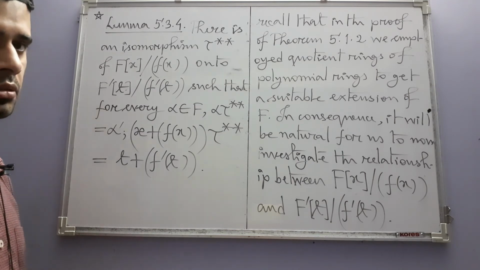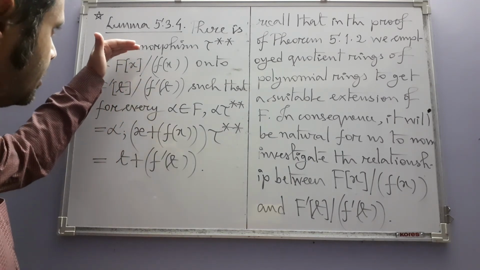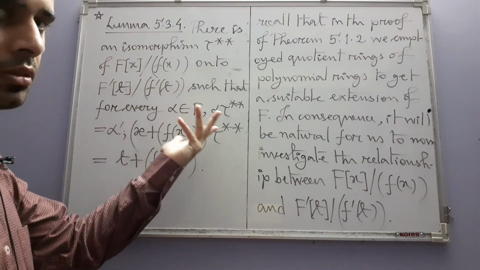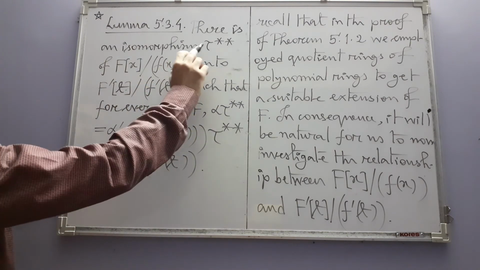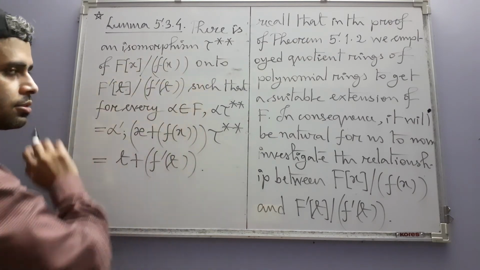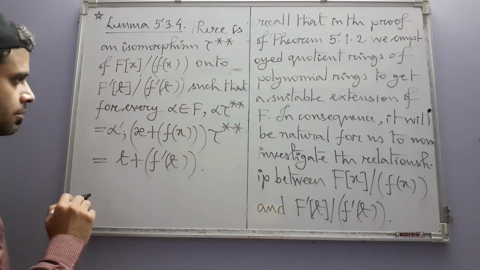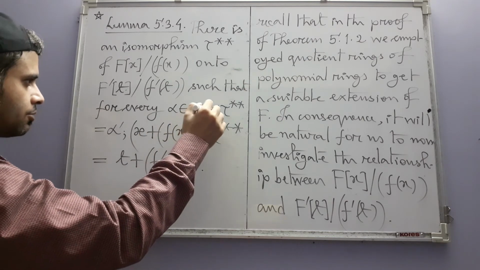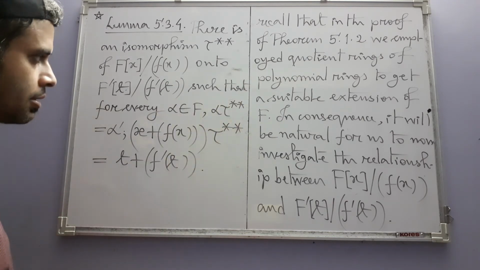what this thing means. What this first part means is, of course, understandable. Tau double star is an isomorphism of this quotient ring onto this quotient ring. But what about this alpha tau star star?